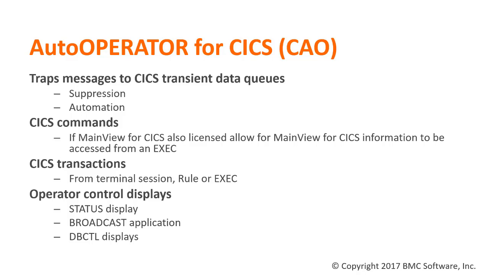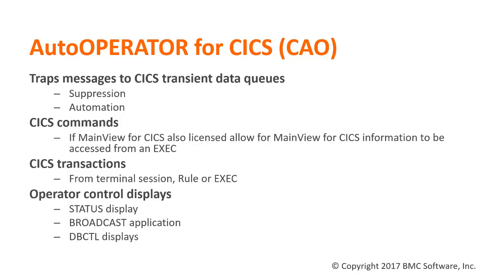For example, when a transaction abends within CICS, the message which indicates that the transaction abended does not get sent to the system console by CICS. It is written to a transient data queue. So if you have a need to perform an automated action when a CICS transaction abends within CICS, AutoOperator for CICS will allow you to define and perform the action you need to take in this situation.